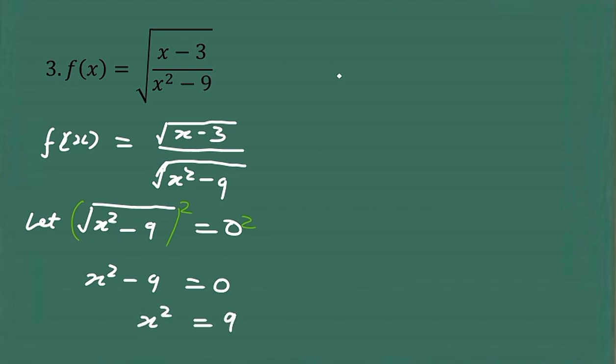Now I'm going to take the square root of both sides, so it's going to give me the square root of x squared equals plus or minus the square root of 9. And so we are left with x equals plus or minus 3, because the square root of 9 gives us plus or minus 3.